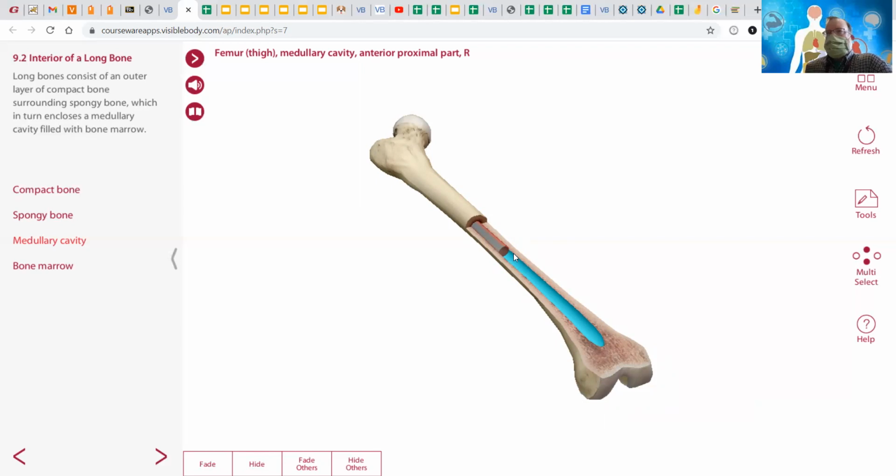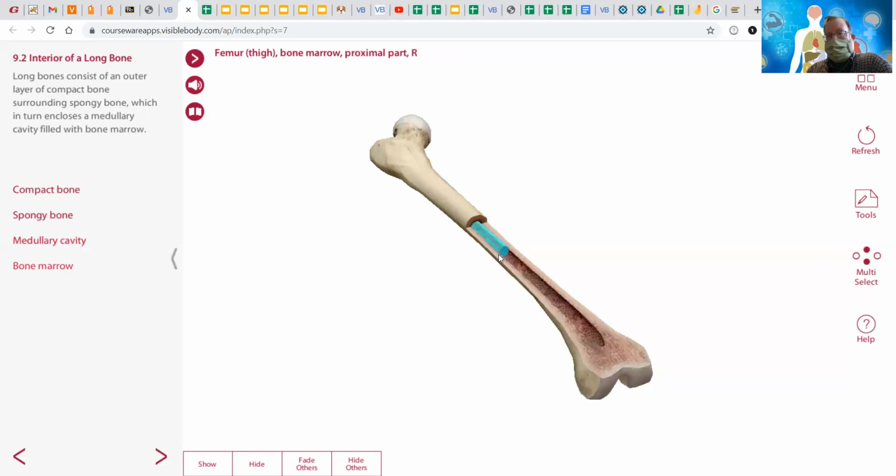It's also referred to as simply a marrow cavity. The medullary cavity is also the marrow cavity. This is where we find a very concentrated amount of red marrow, until we're done growing.